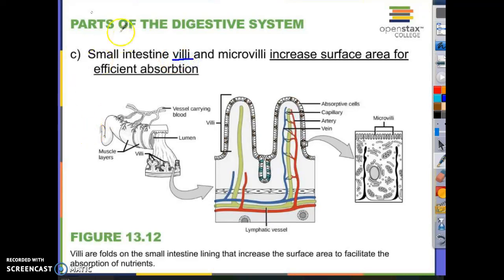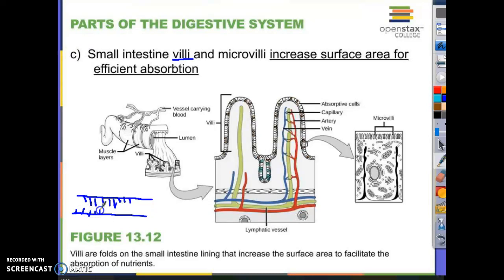Villi and microvilli. Whenever we see wavy structures, or in the case of our intestines, inside the intestinal wall, there are lots and lots of them. It's just covered with these things called villi, these little finger-like appendages, which simply serve to increase the surface area.